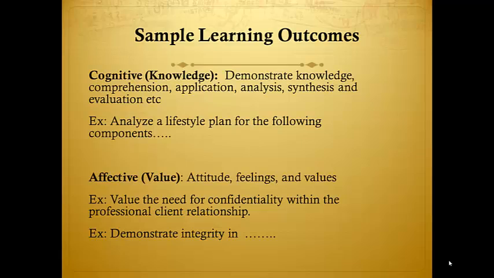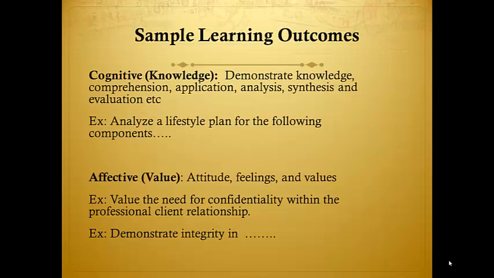So by using learning outcomes, you can divide your course content into what sort of learning the student is demonstrating, or the student is gathering. For the cognitive or knowledge outcome, one would look at such things as analyzing, evaluating, and demonstrating knowledge or comprehension.